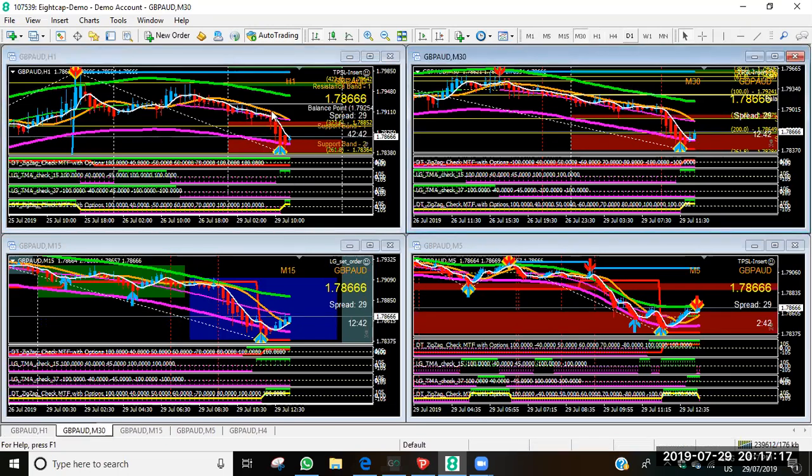So from about lunchtime onwards, all these got very strong, supporting with the same look. Same look is orange above the pink center line.